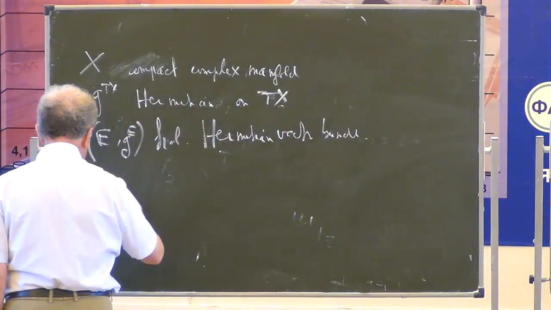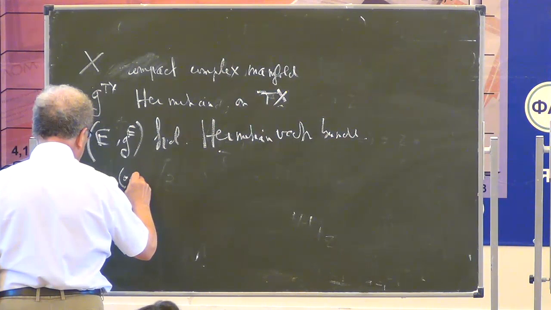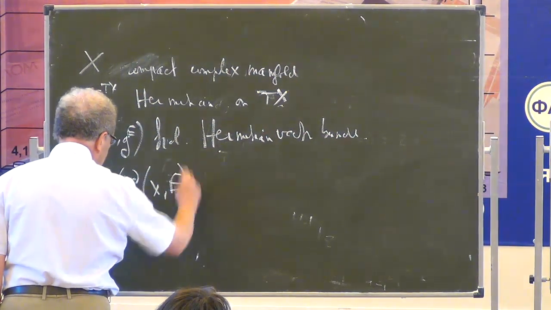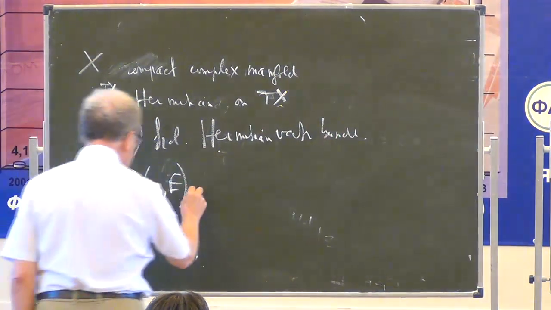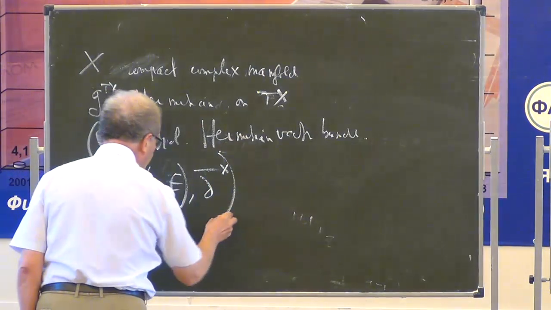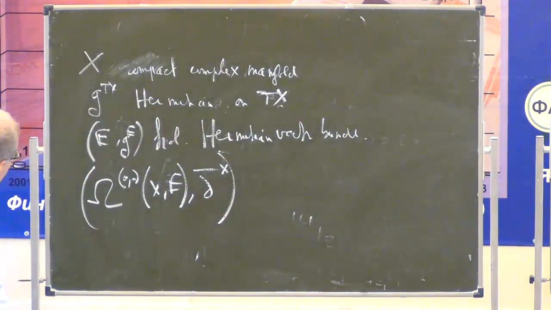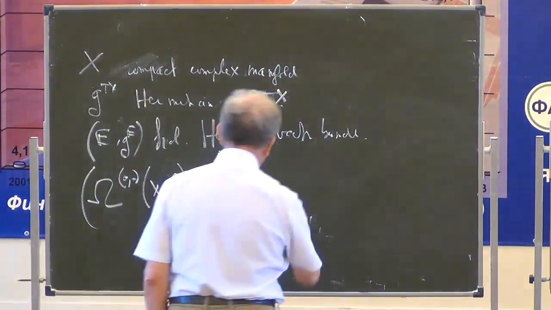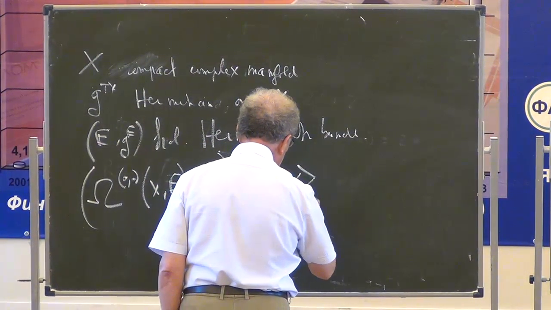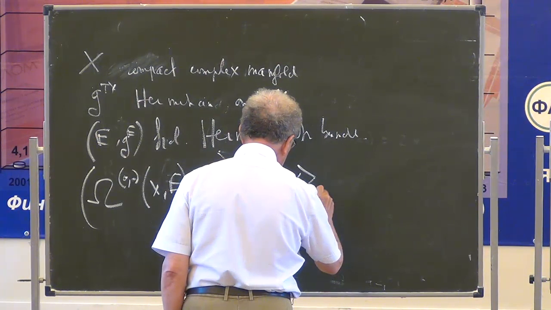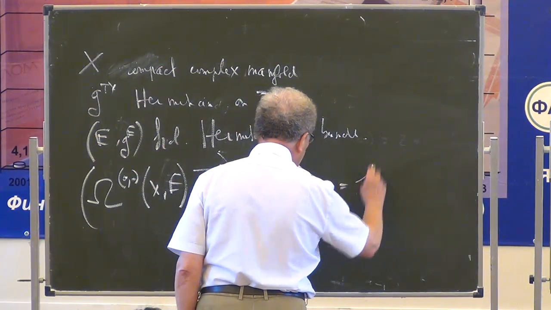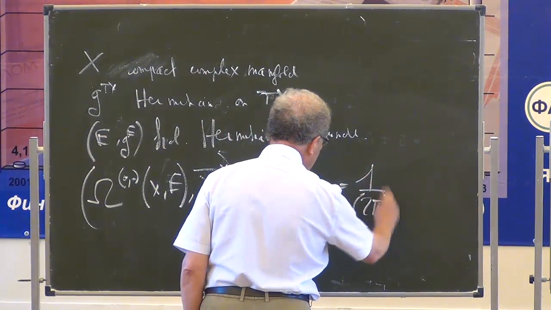Okay, so I will consider the Dolbeault complex of anti-holomorphic forms with coefficients in E, equipped with the Dolbeault operator. I also define the natural L2 Hermitian product on this space with a proper normalization.